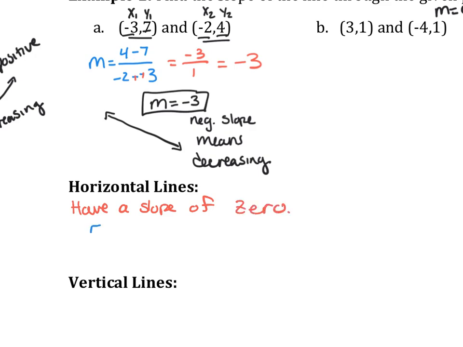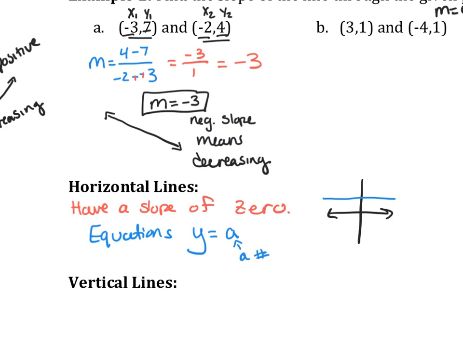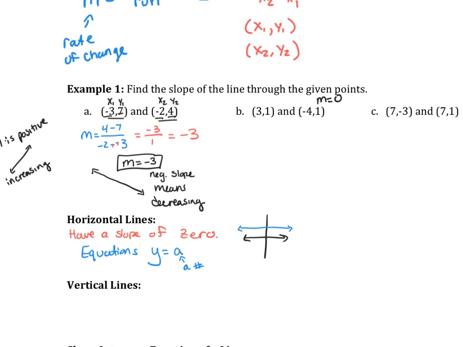And so for their equations, it's always going to be y equals a, where a is just a number. A horizontal line always has the same y value for every single point. So horizontal line, no slope because there's no rise, but the run is infinite. So just an infinitely horizontal line.